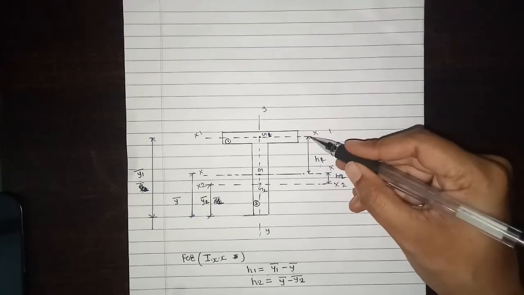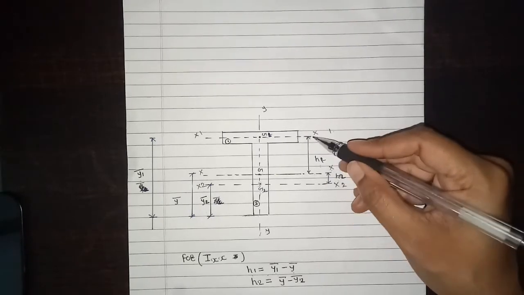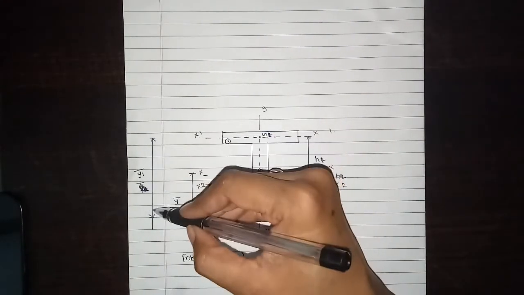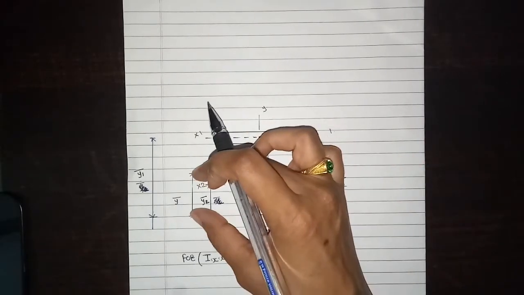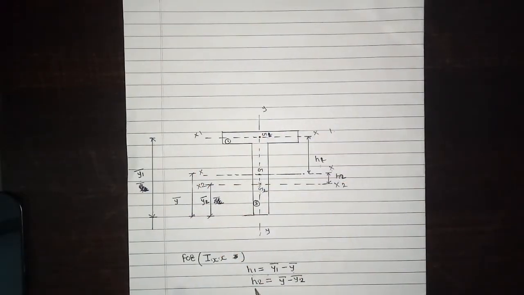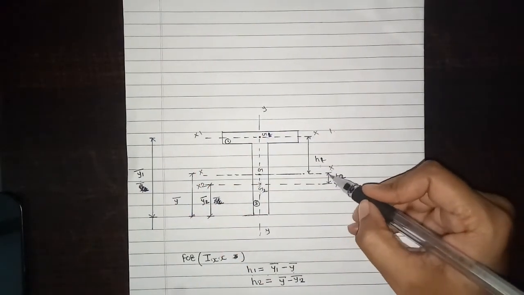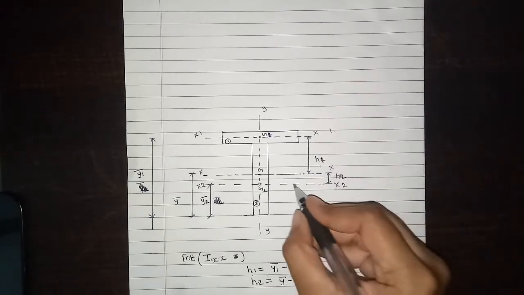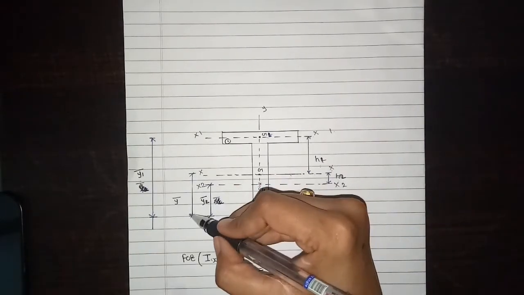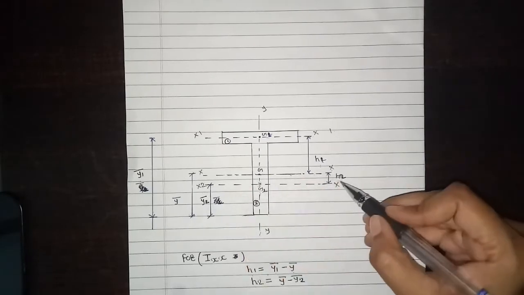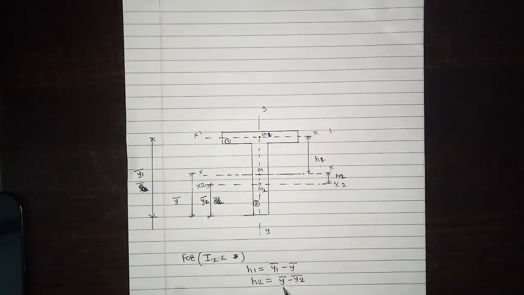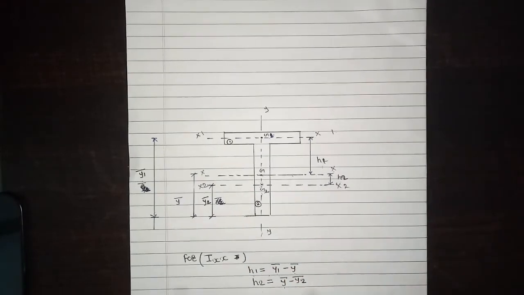And H2 is equal to the total y bar minus y2 bar. For Iyy, H1 and H2 are 0.